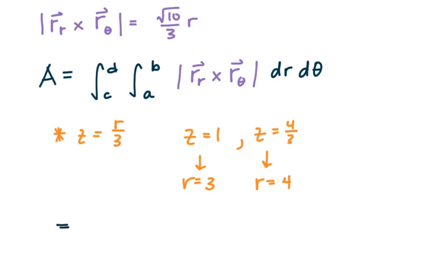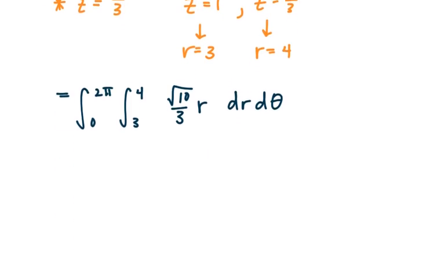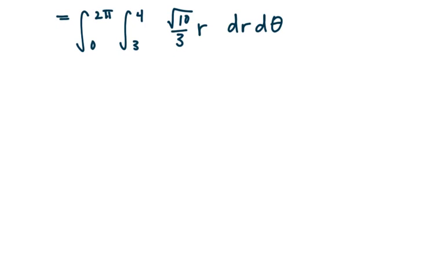So setting this up, this is going to be the integral from 0 to 2 pi for theta, 3 to 4 for r, of the square root of 10 over 3 r dr d theta. Once we have it set up, this is a very simple integration. I encourage you to pause and make sure you can work it out.